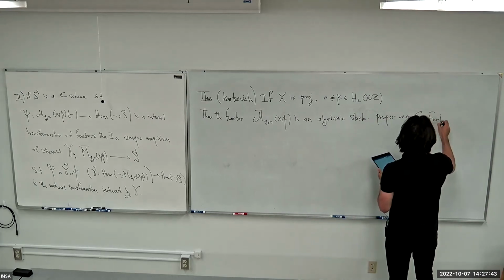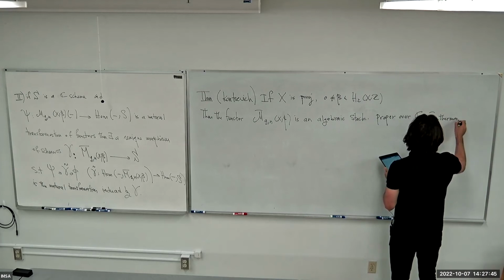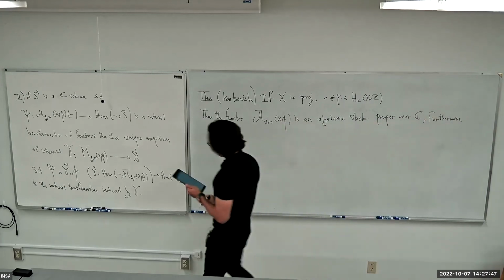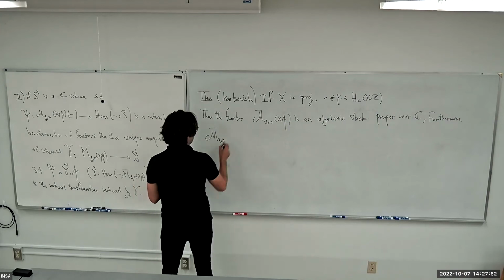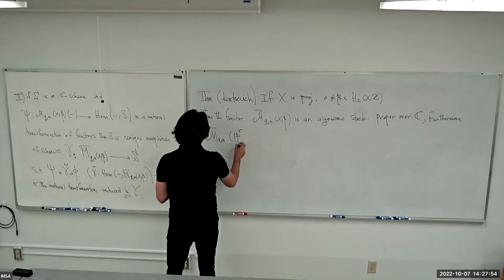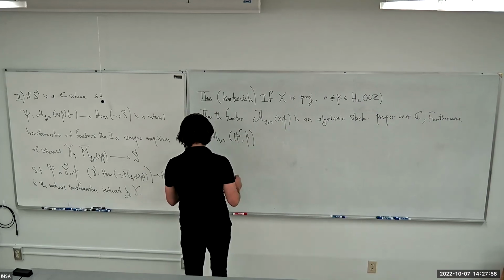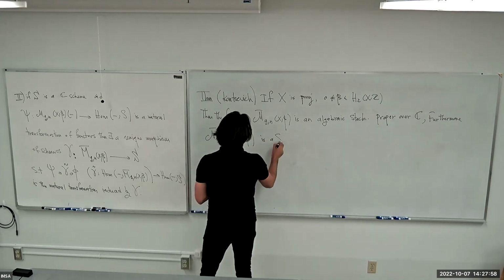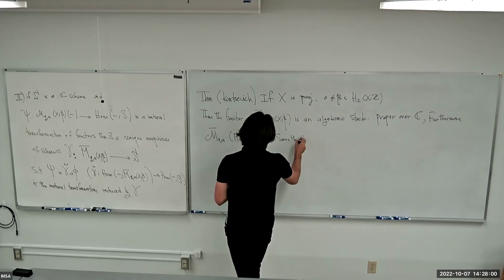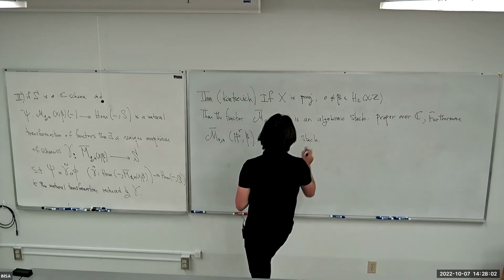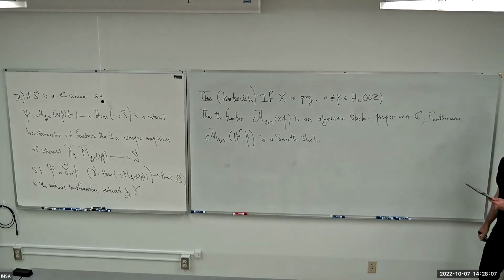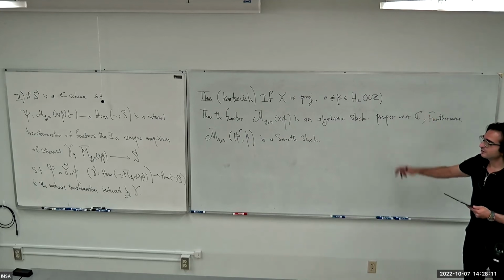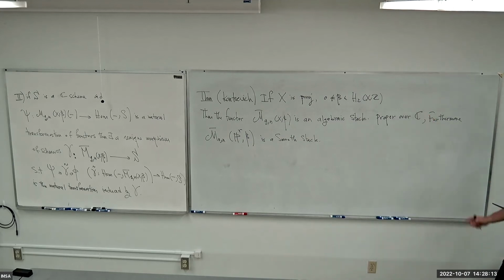Furthermore, M_{0,n}(P^r, beta) is a smooth stack. So if you choose for your ambient variety projective space with this condition, it's a smooth stack.